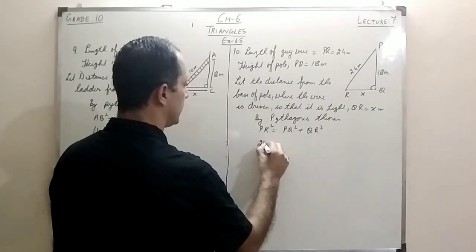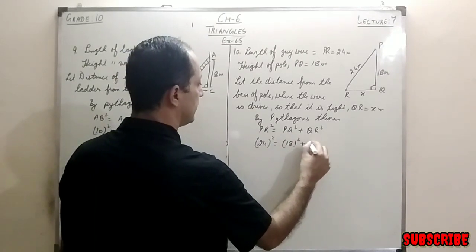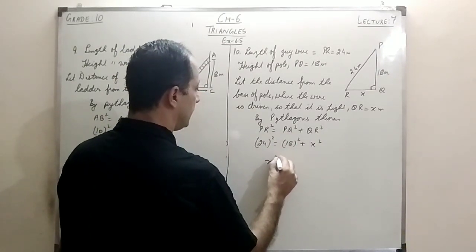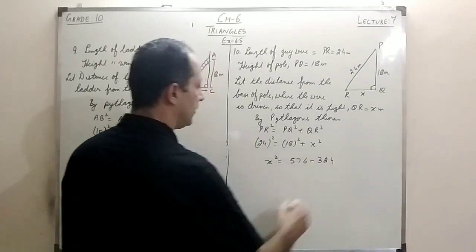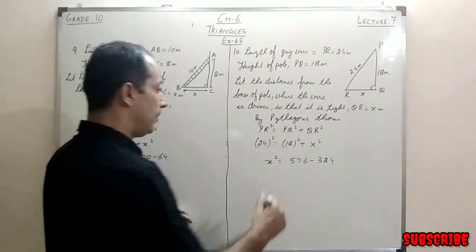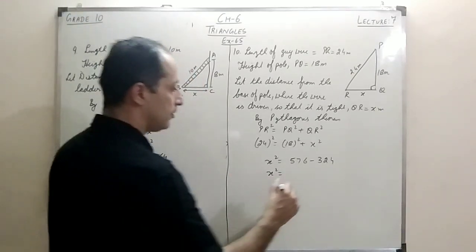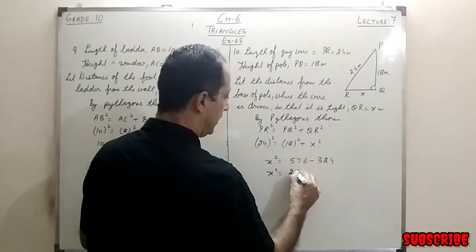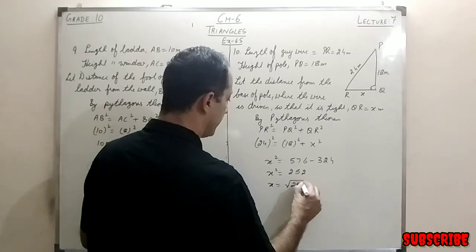So that is 24 square is equal to 18 square plus x square. So x square would be 576 minus 324. If you subtract these two, x square is 252. So x is square root of 252.